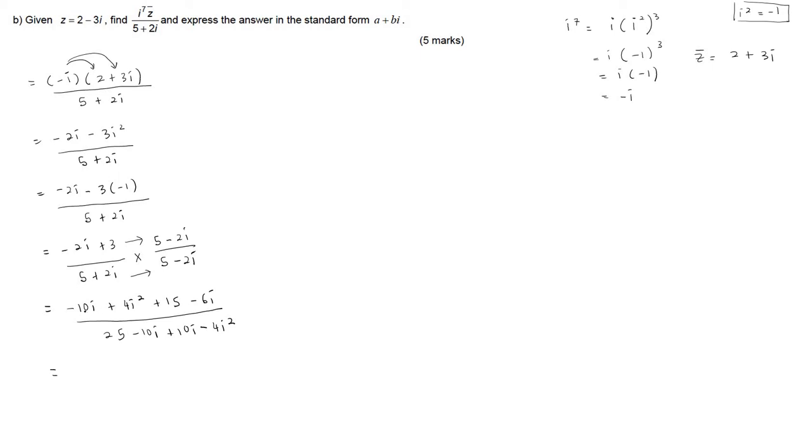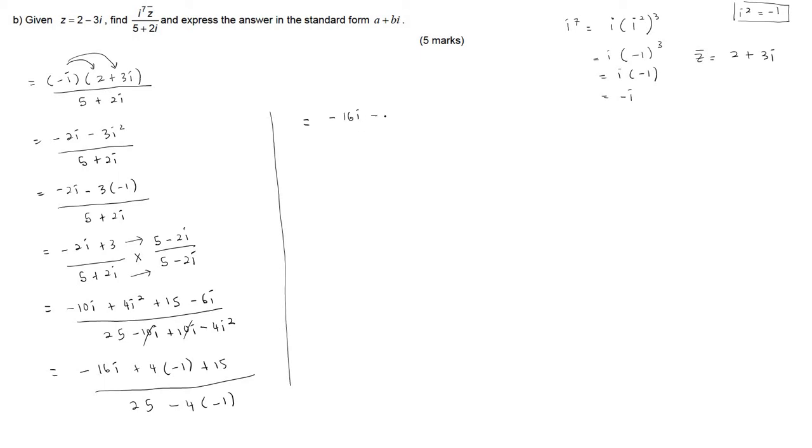Simplify. Negative 10i, negative 6i, negative 16i, plus 4. Replace i squared by negative 1, plus 15, over 25. Negative and positive, minus 4. Okay, i squared is again negative 1. Continue here. Negative 16i.